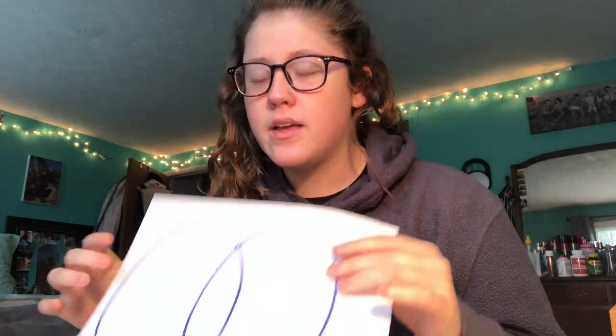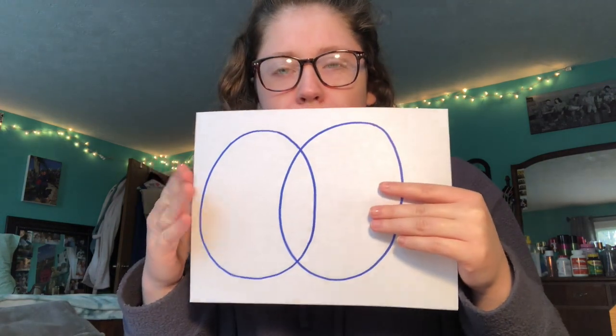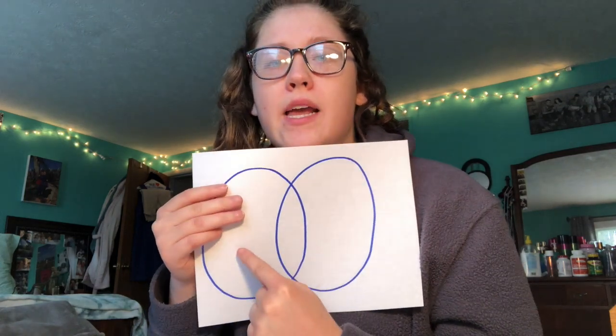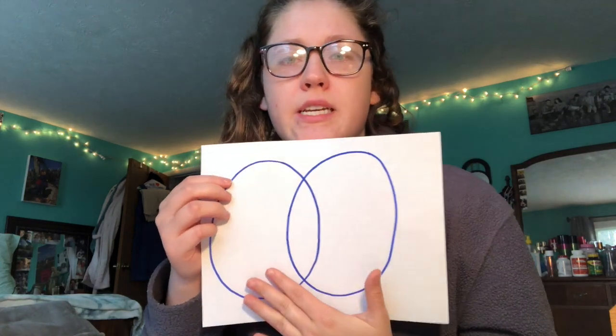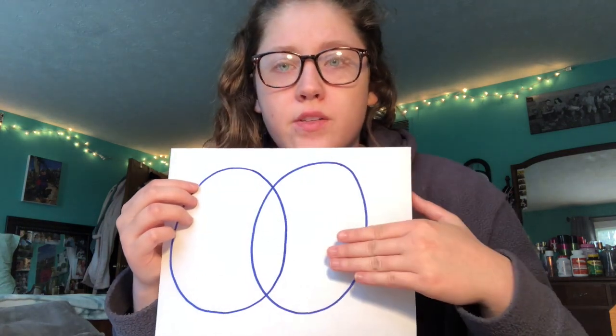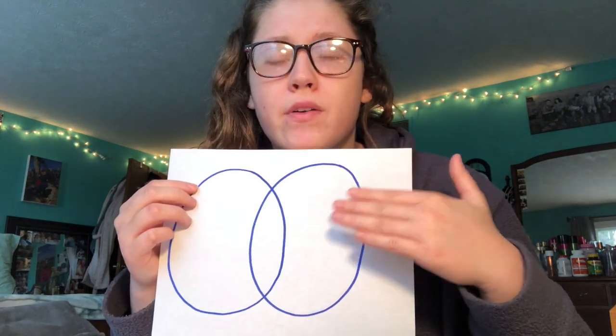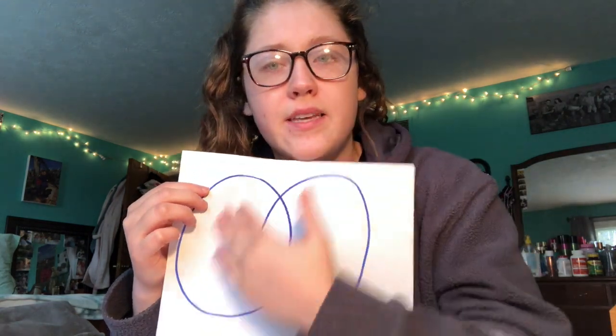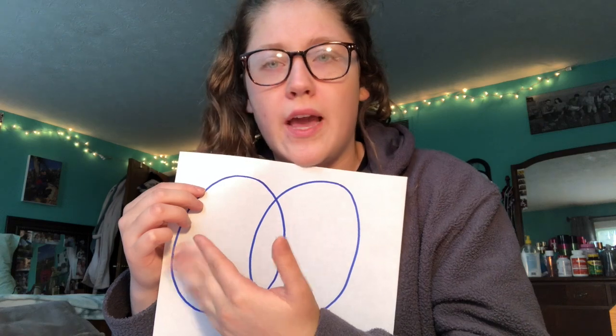So, Tommy said that you have two circles and you kind of smush them in with each other a little bit, so you have this middle part. And on one side, you have all the characteristics of one item. And then on the other side with the big circle, you have the other item's characteristics that this side wouldn't really have.